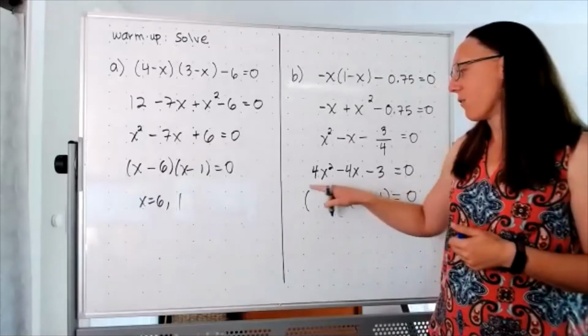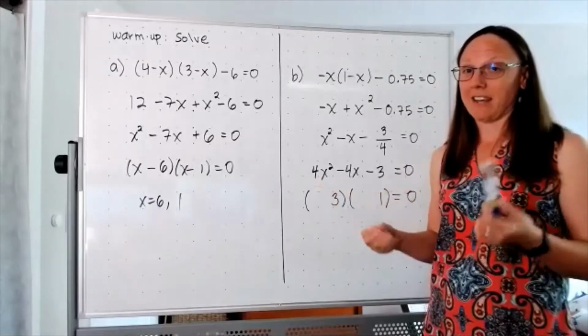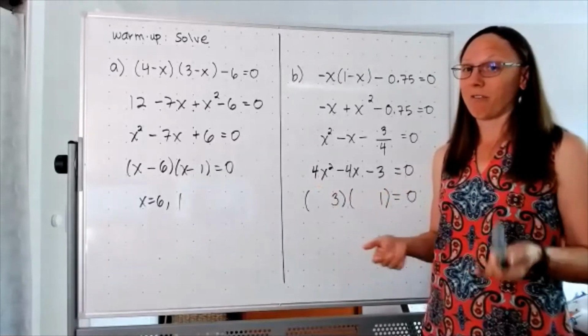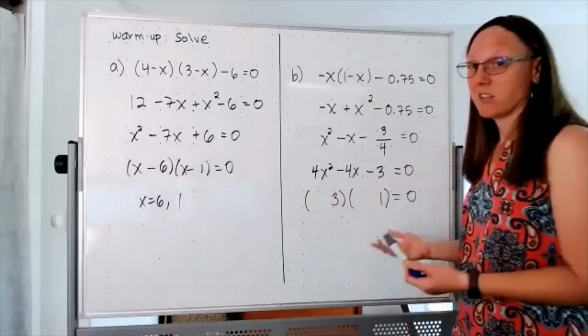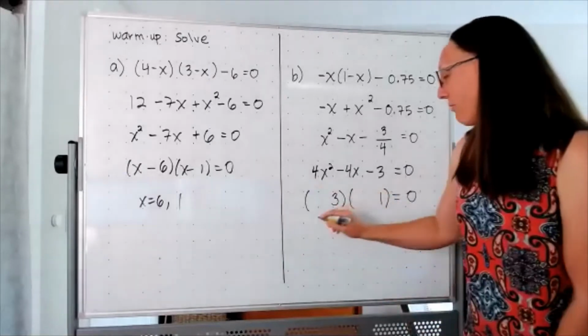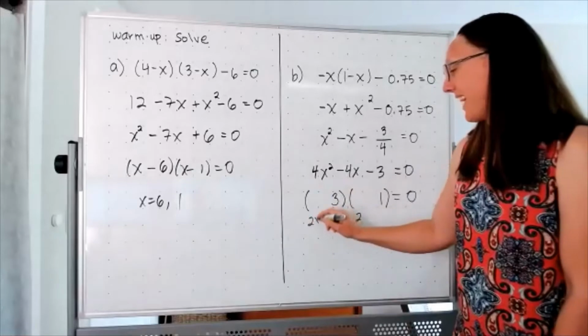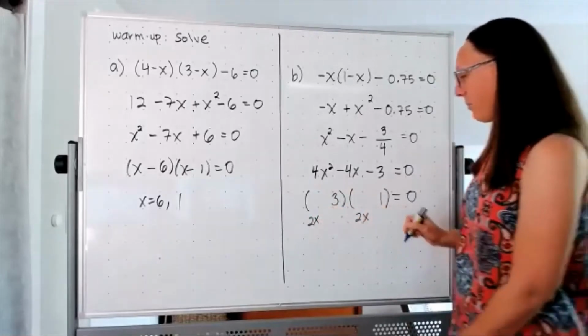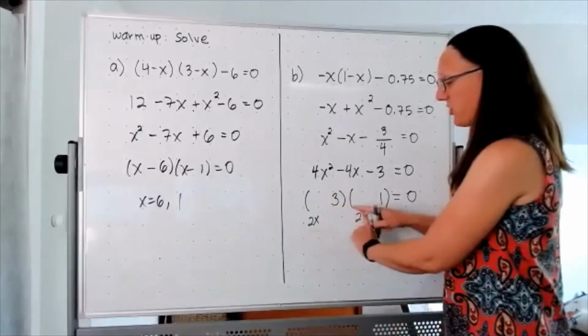Then I'm looking at the 4x squared. And there are two different ways that I can factor that, as a 2x times a 2x or a 4x times a 1x. And then it just kind of comes down to plugging the numbers in and playing around with it. So if I tried 2 and 2, then when I distribute that out, I'd end up with a 6x and a 2x.